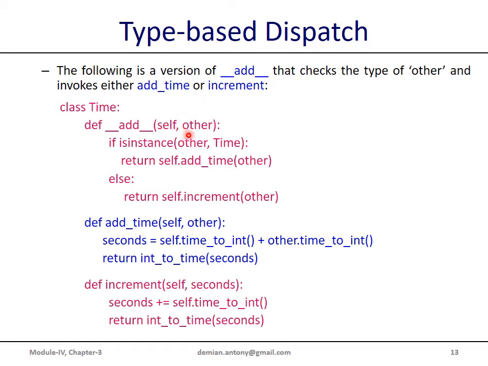We want to check the second argument whether it is an object or a number. If it is an object, we make a call to the add time method, and if this other is a number other than an object of type Time, then we make a call to increment. And to check whether the parameter is of type Time, we have a built-in function called isinstance.